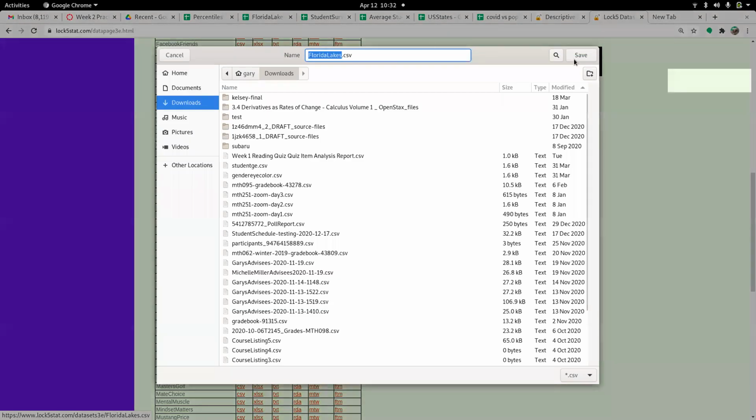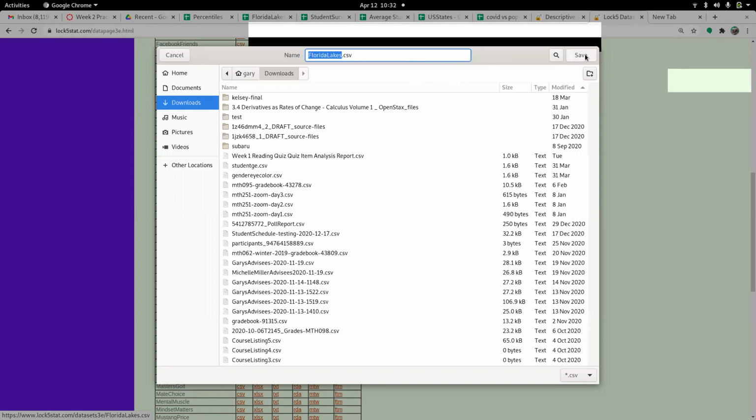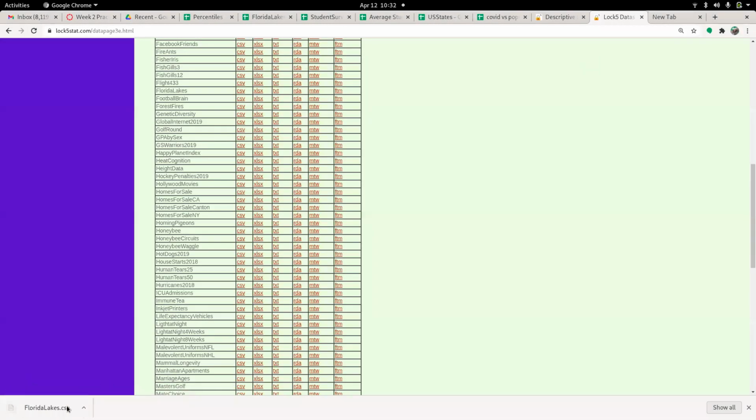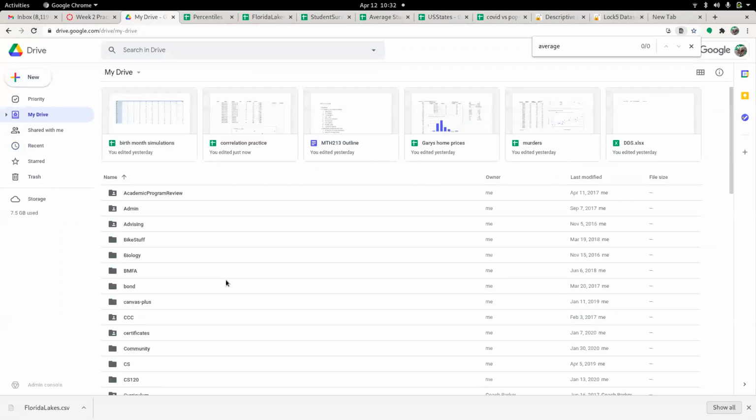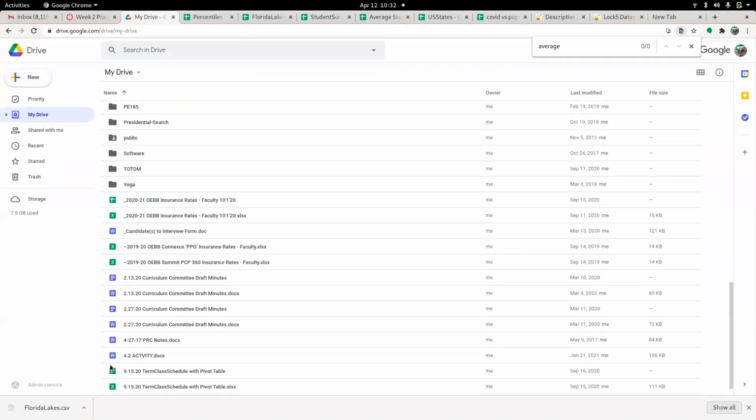So let's say I want to get that right now. Zoom screen away, save. And then I could open it up in Google Drive if I wanted to. So let's go back. Where should we put it? I'll just throw it into the general drive. So either the Excel version or the CSV is fine.